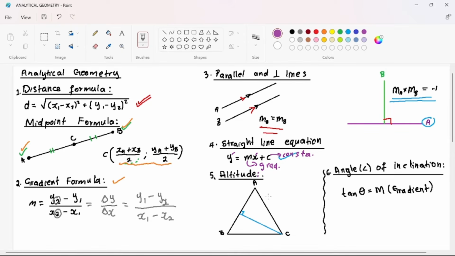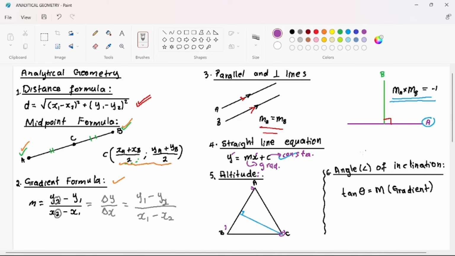They will tell you that we have an altitude from vertex C, and that this altitude is from vertex C. So you should know that if this is our altitude, that means our altitude is perpendicular to our straight line, which is AP, right?